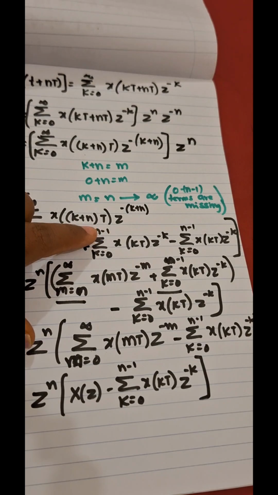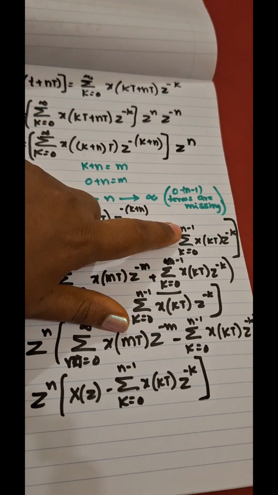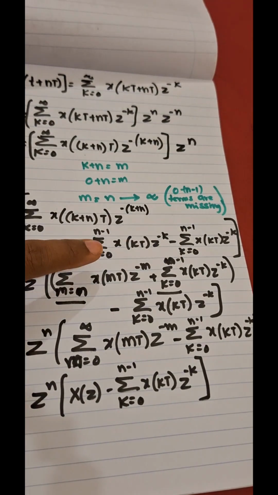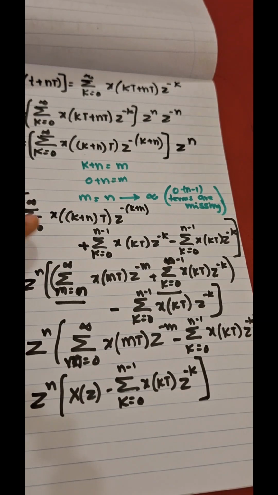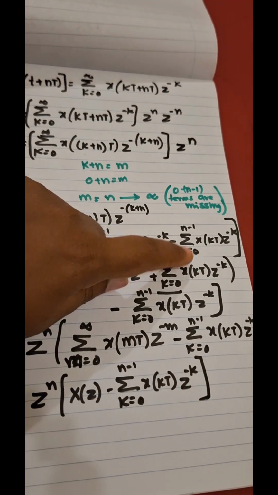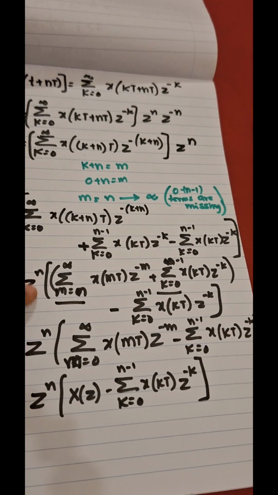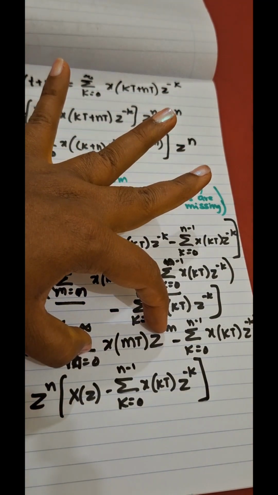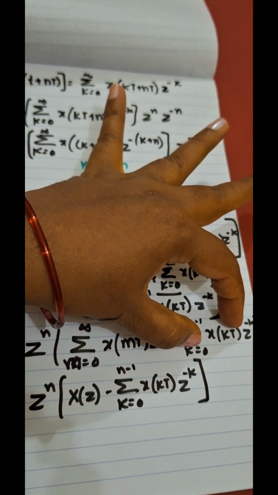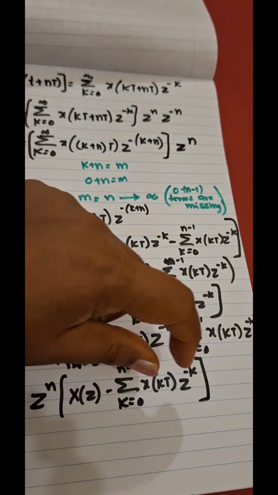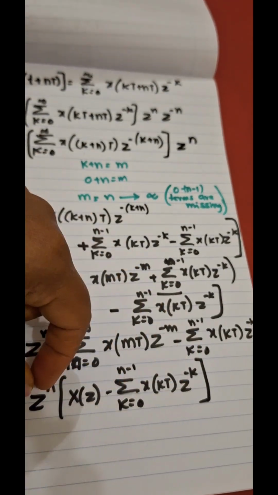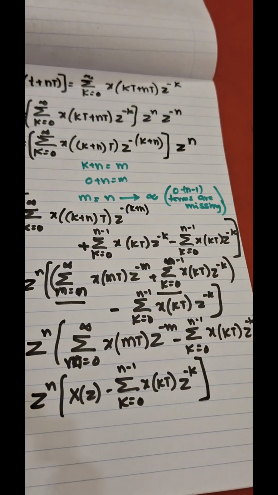So I added 0 to n minus 1. As I added, I subtracted 0 to n minus 1 also. So now this 0 to n minus 1, and this equation is n to infinity. Both will add on to frame m from 0 to infinity. So I got a standard one with the subtracted one. Standard one I wrote as the standard equation, subtracted one I wrote it here. The multiplier is there. So this is the proof for the shifting theorem.